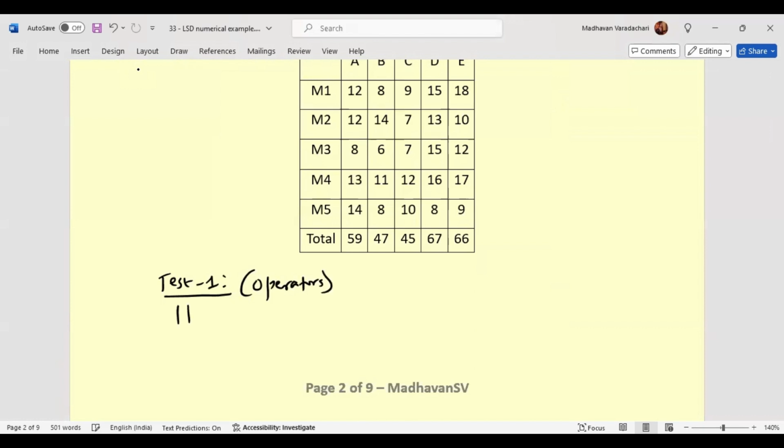So here the null hypothesis will be that mu operator 1, the population mean if operator 1 is operating, will be the same as mu operator 2, the same as mu operator 3, the same as mu operator 4, the same as mu operator 5.